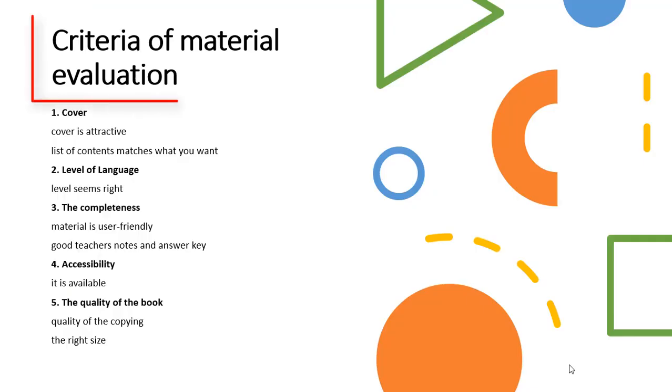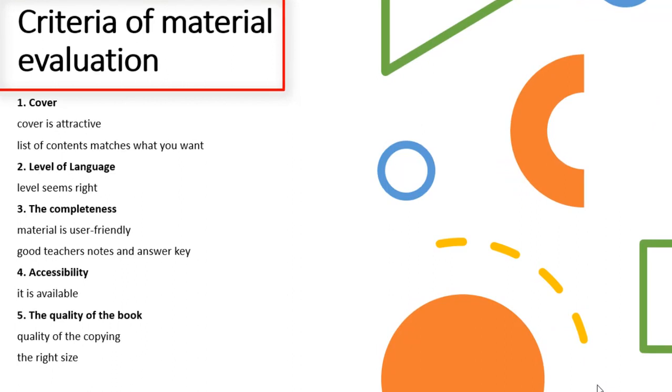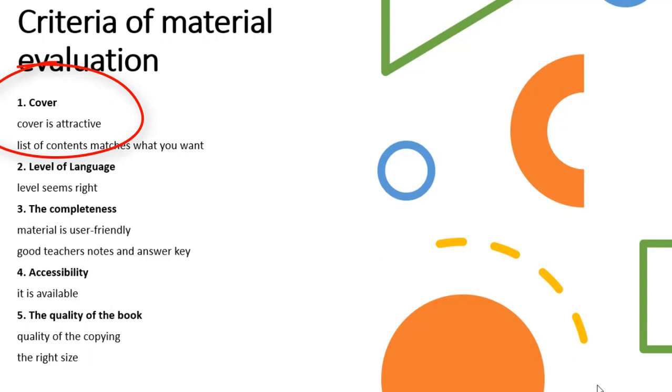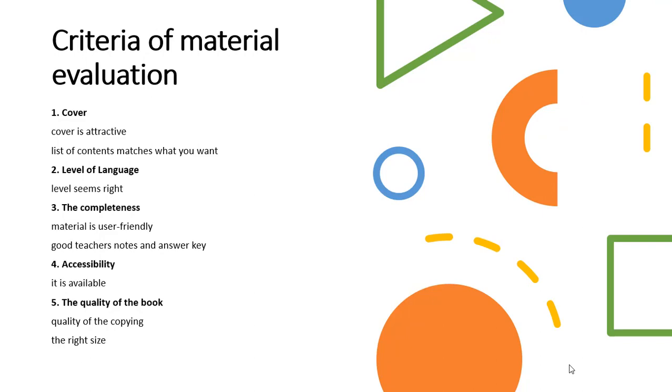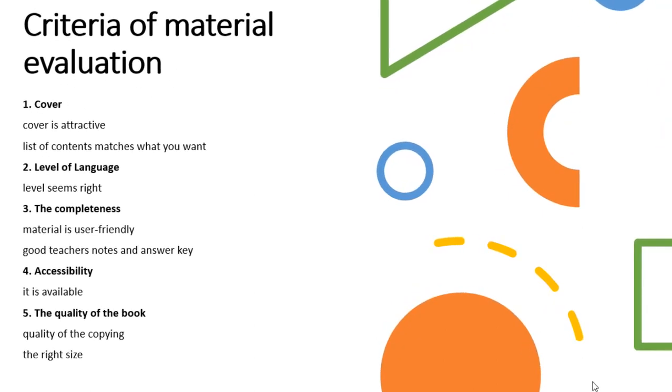There are criteria for material evaluation. For example, you can think about the cover. The cover should be attractive, and the books have the list of contents and they match what you want. Next is level of language. Level seems right. The completeness. Here, for example, you can find that the materials are user friendly and there is an explanation or description that the teachers can make use of, notes, and there are answer keys the teachers can check.